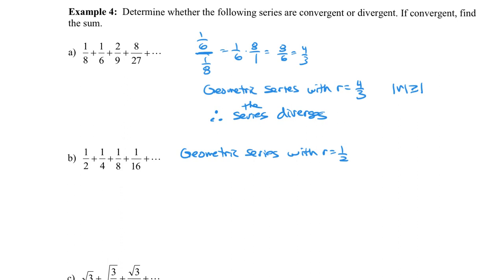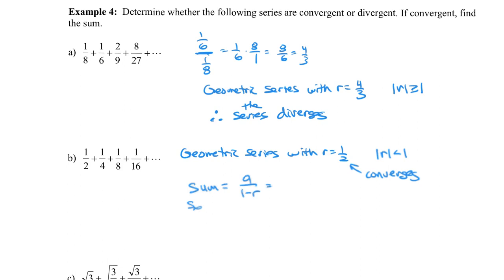the absolute value of r is less than 1. So this series converges, and we can find its sum. The sum equals, sometimes people like a little s infinity, a over 1 minus r.